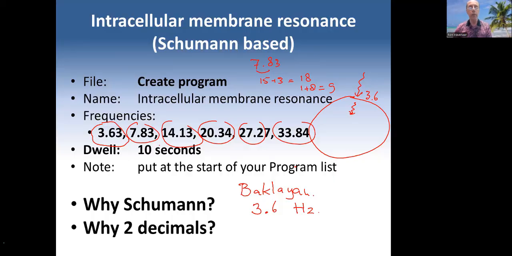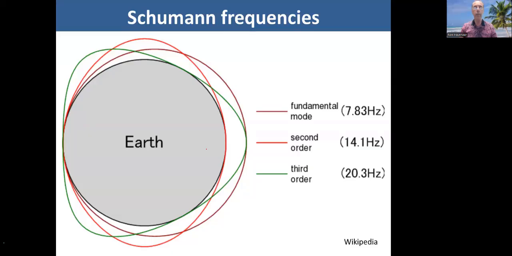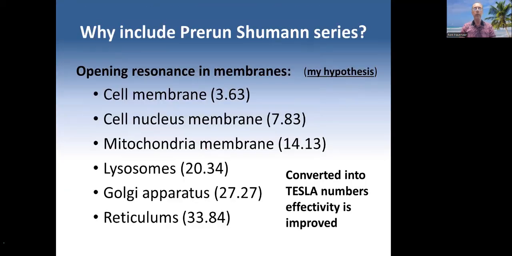So I recalculated all those numbers according to the Tesla numbers. So please see here 14.13: 1 plus 4 is 5, plus 1 is 6, plus 3 is 9. Etc., etc. So I found that if you make programs, especially on all the numbers that Tesla did invent, the effectiveness is somewhat improved. I have to admit that. Why is that? Because this one is the Baklian frequency.